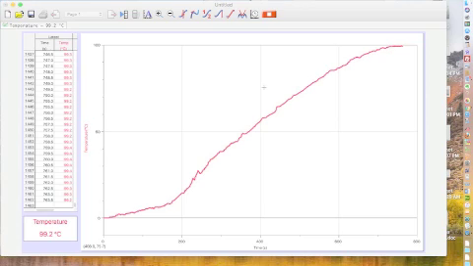But now it has reached the point where it's boiling vigorously. And we'll continue to watch the temperature for another couple minutes.